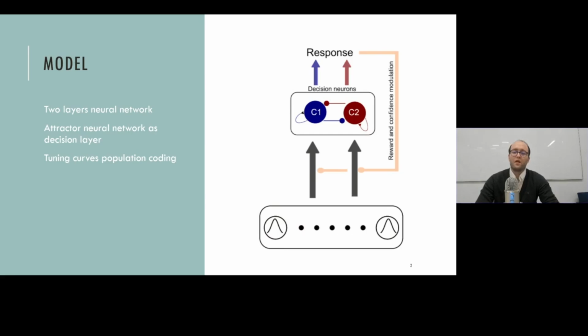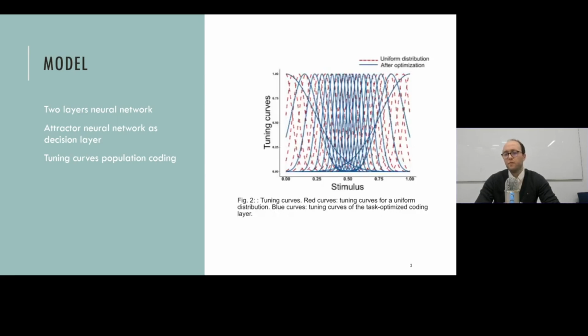The encoding chosen for the coding layer can be different depending on what we want to study. For example, it could be a uniform coding, in red here, where every neuron in this layer has the same tuning curve with the same weights and is uniformly spaced along the stimulus axis.